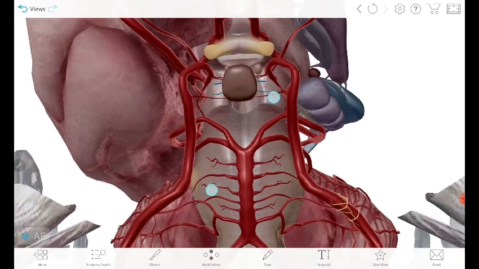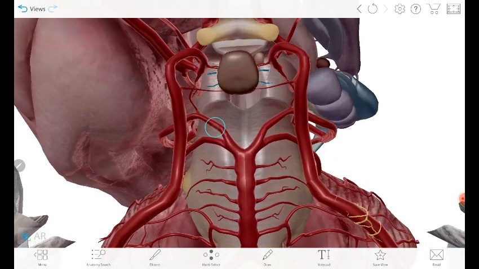So this here is the posterior cerebral artery, and we said that there is one artery connecting the posterior cerebral artery to this structure over here, which is the internal carotid. So this is the posterior communicating artery, and this is the internal carotid artery.